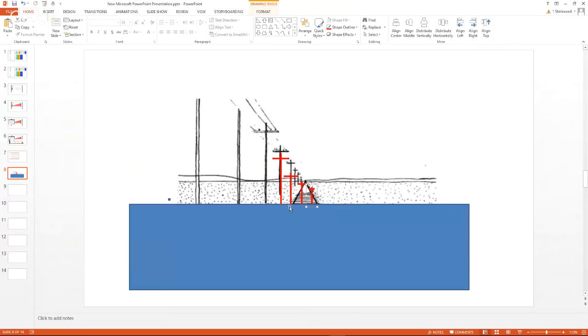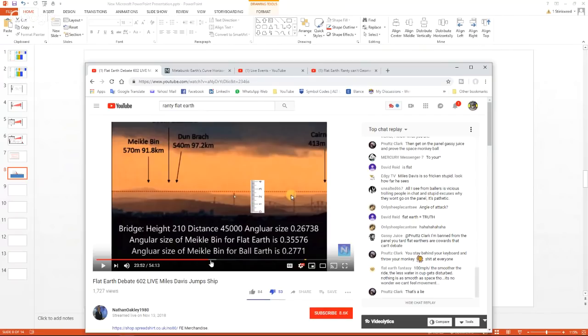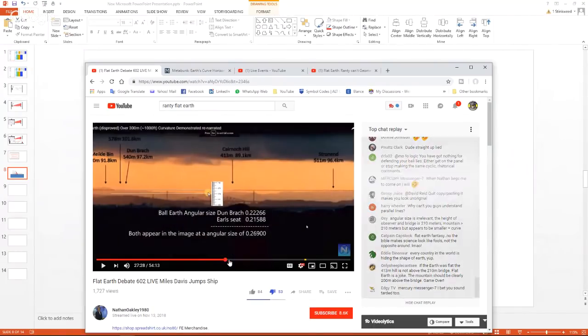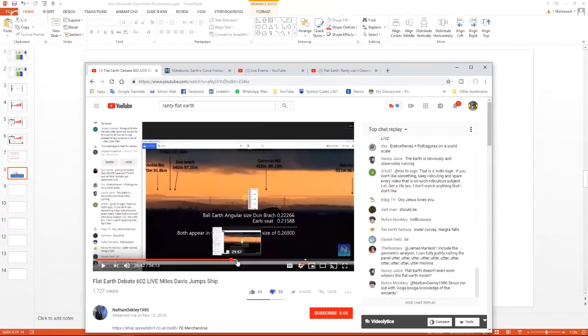Okay, so that's basically what he did. So long story short, the entire demonstration that he went on to do is all from that same point. All of his measurements that he did were from that point.